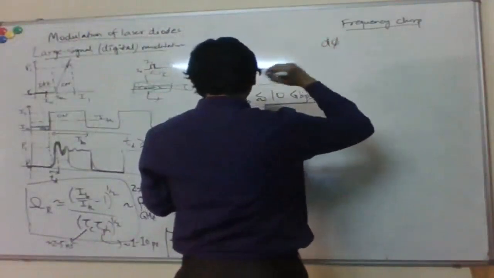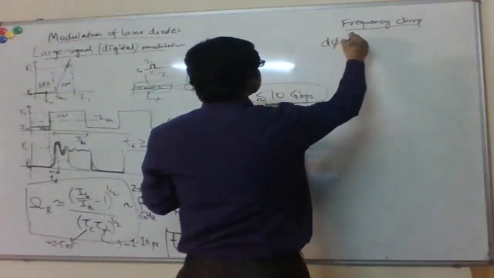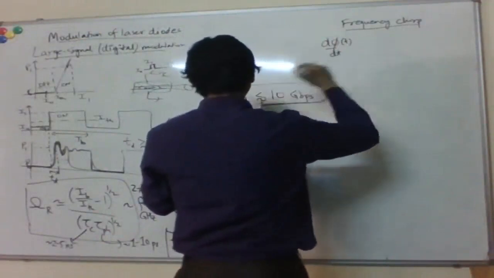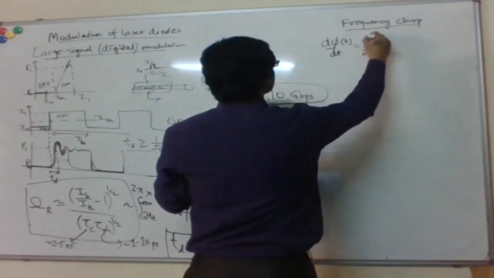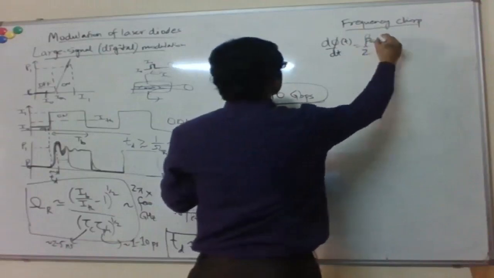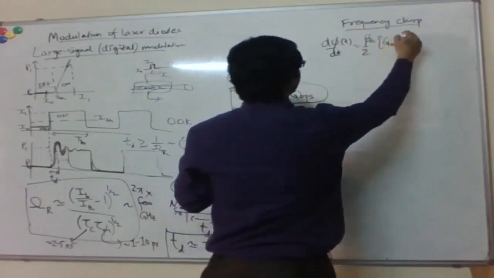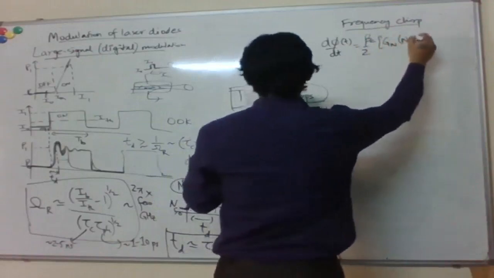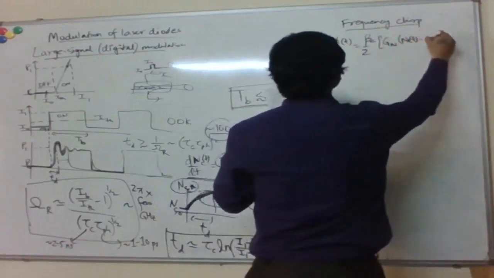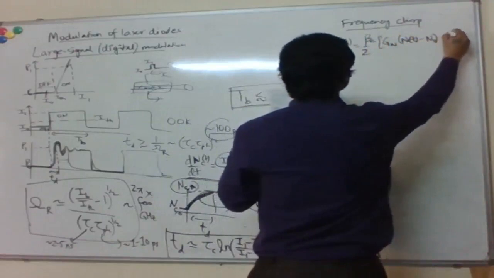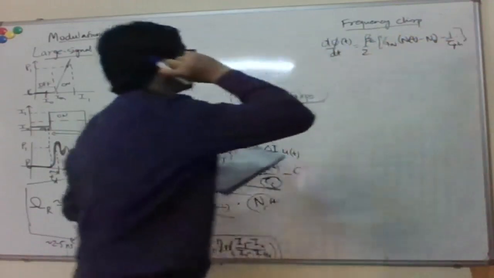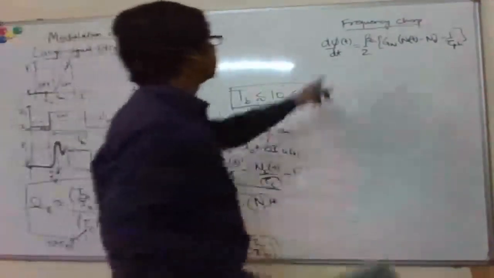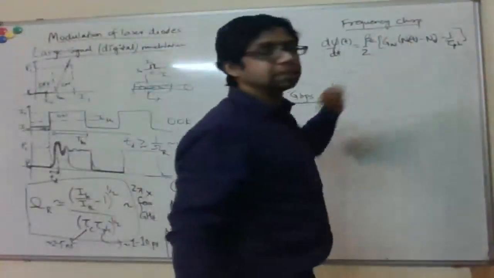Okay, so if you look at the phase acquired by this optical field inside the laser cavity, it goes something like this. So it depends on the carrier concentration here, N of t.